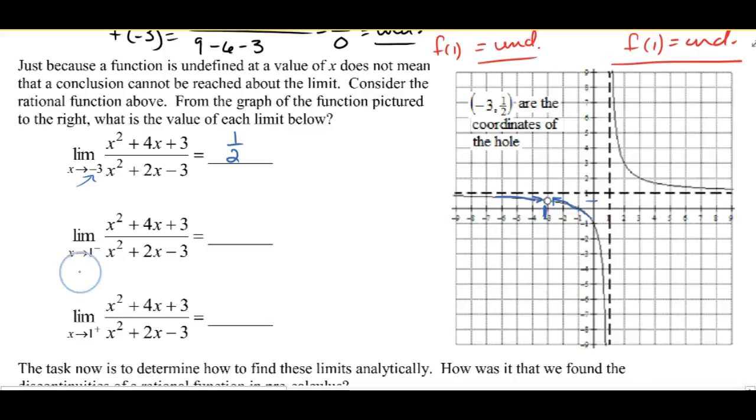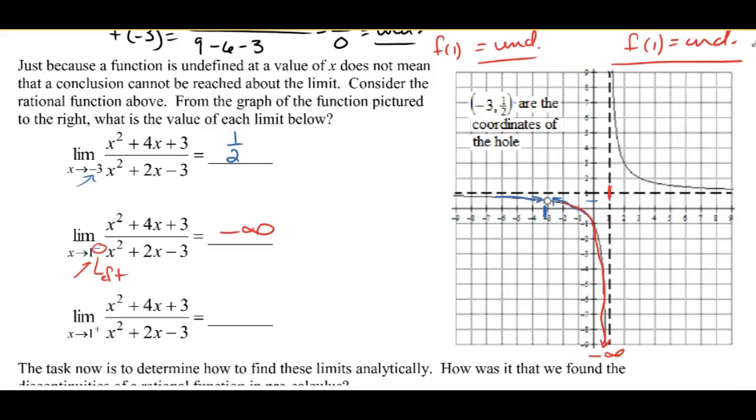How about the limit as x approaches 1 from the left? As x approaches 1 from the left, I find that I am approaching y equals -infinity. Now, that is not a real number, but I'm only finding a one-sided limit, so infinity is an acceptable answer for a one-sided limit. It's only a two-sided limit that must be a real number.